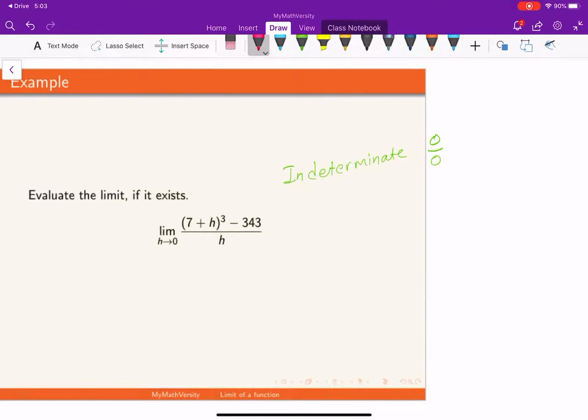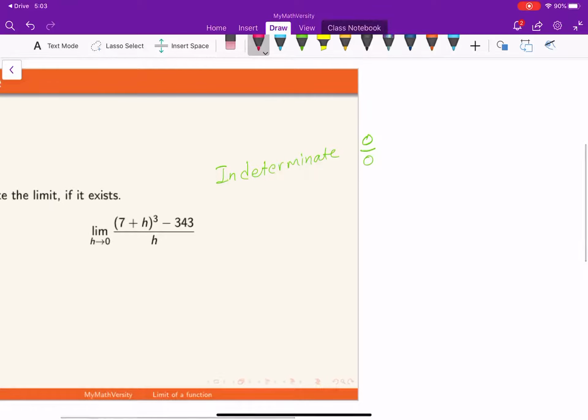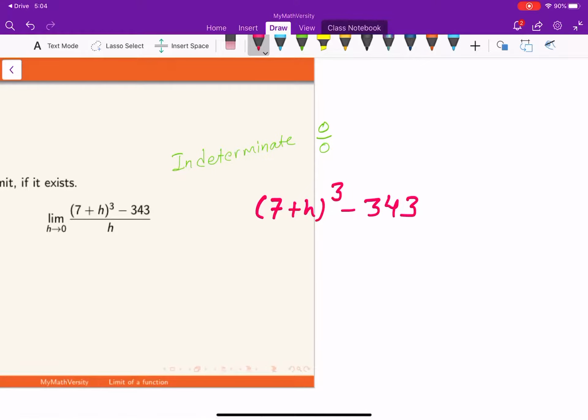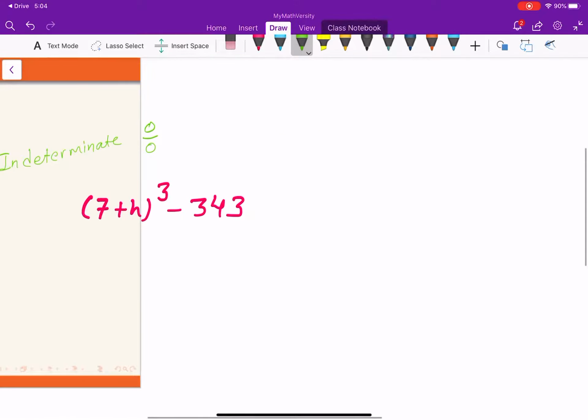Okay, let me look into the top function here, or the numerator, where I have 7 plus h cubed minus 343. I'm going to expand this and see what type of expression I will get. You can see here I have a cube of 7 plus h.